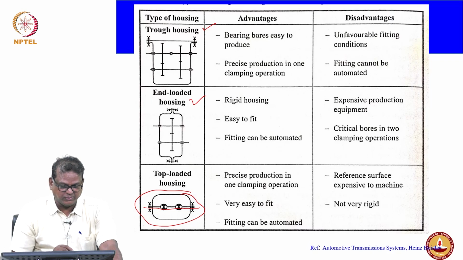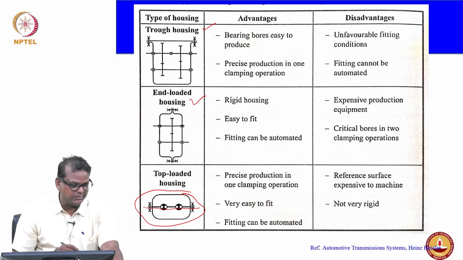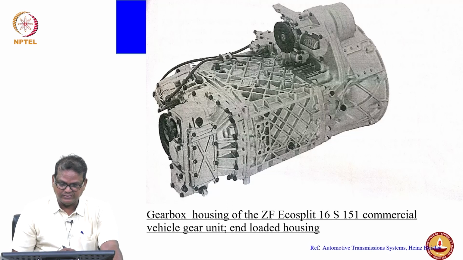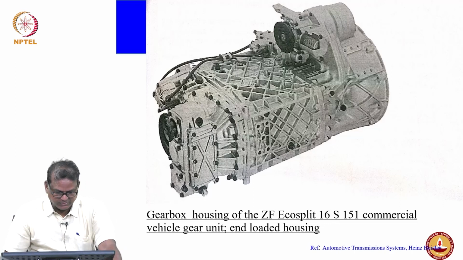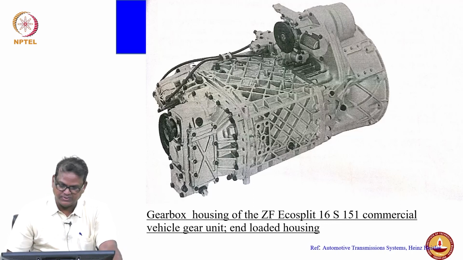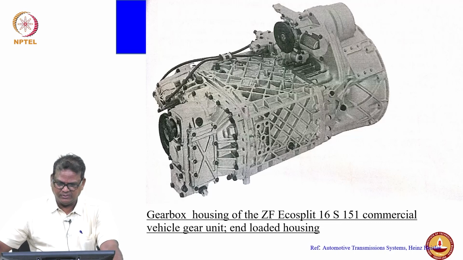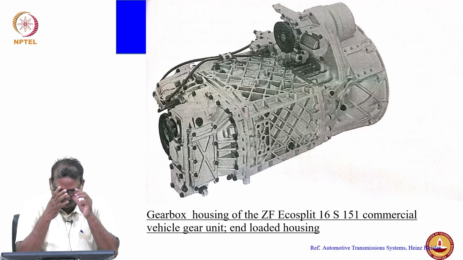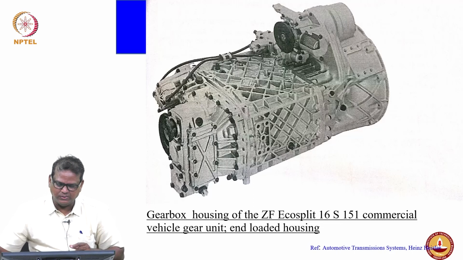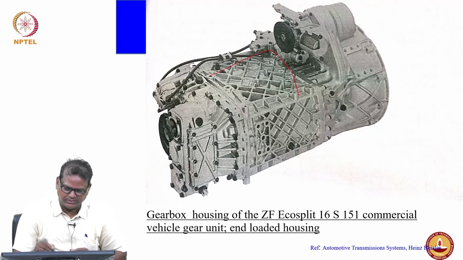This is the way you have to arrange, depending on which way you want to do it. You can see this is the typical ZF Ecosplit, which is a two-off arrangement, right. It is a commercial vehicle gearing with the loading housing aspect, and a lot of research is going on. This is called the windage tray, okay.